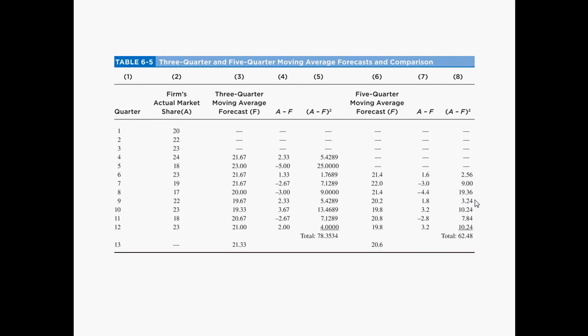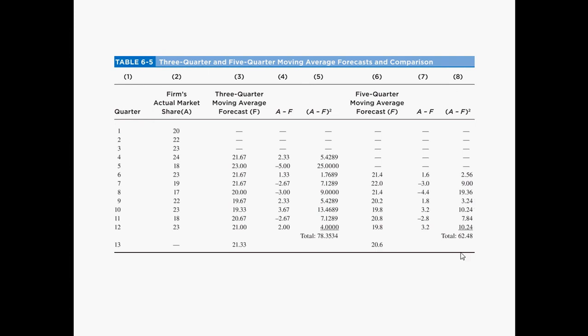We already have a couple of projection methods. Well, you might be interested in which ones work best, and we can get a rough idea of that by looking at past data and at how these forecasts have performed.